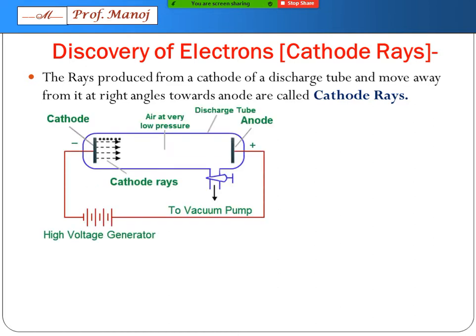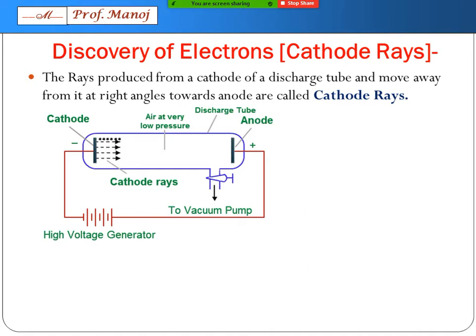This is a roughly schematic arrangement of a discharge tube which produces cathode rays. You can see in the diagram that a long glass tube is taken, approximately 50 centimeters long, and two electrodes are placed at the extreme ends.